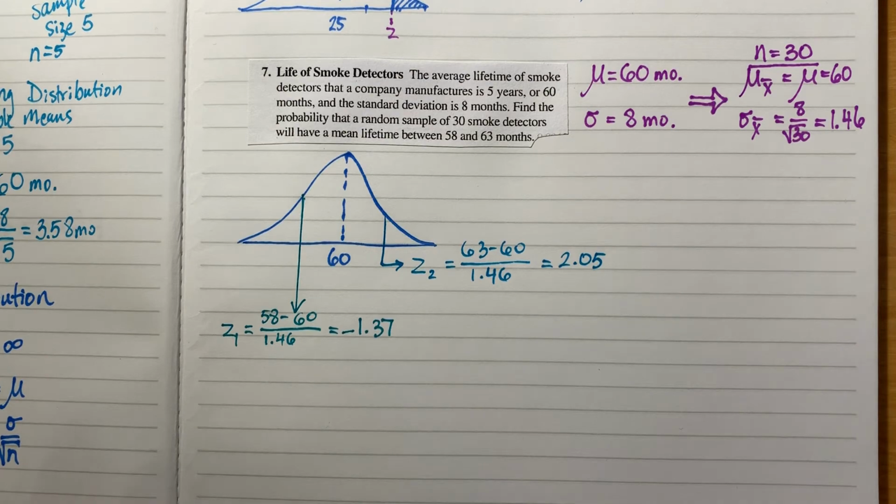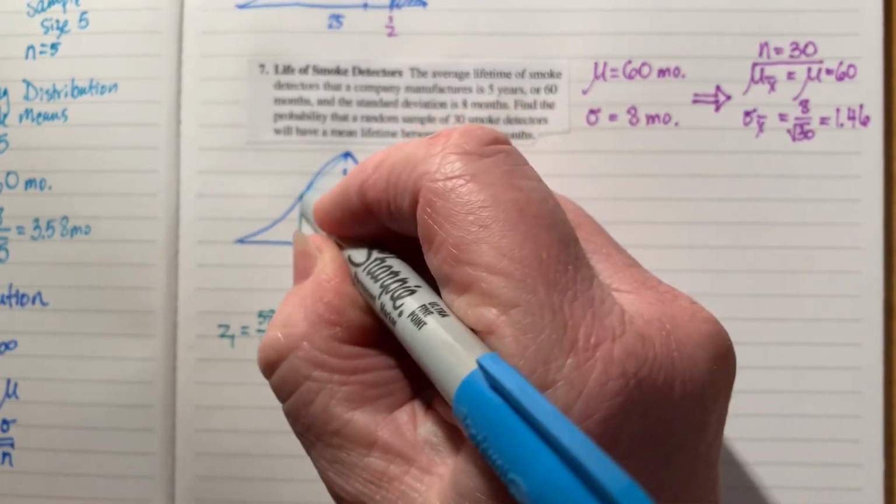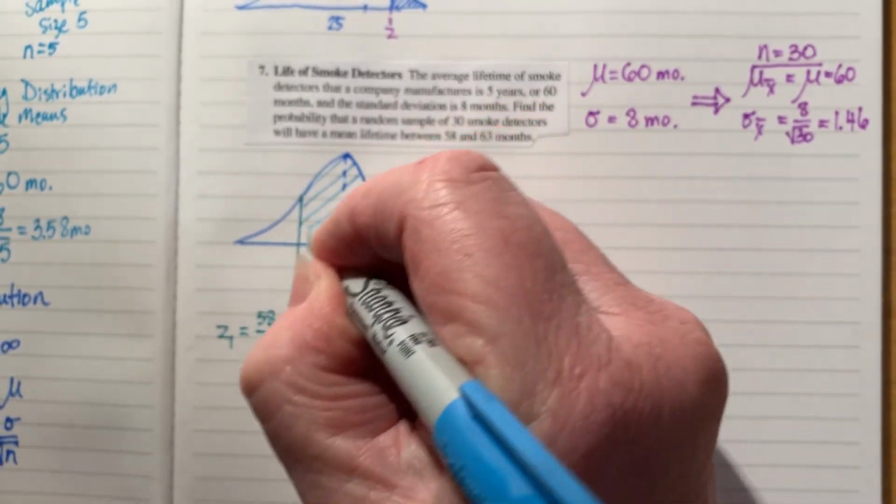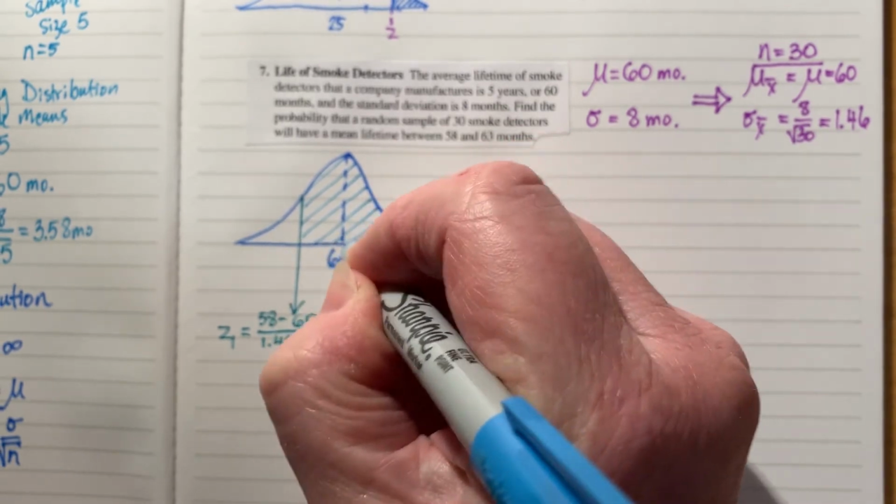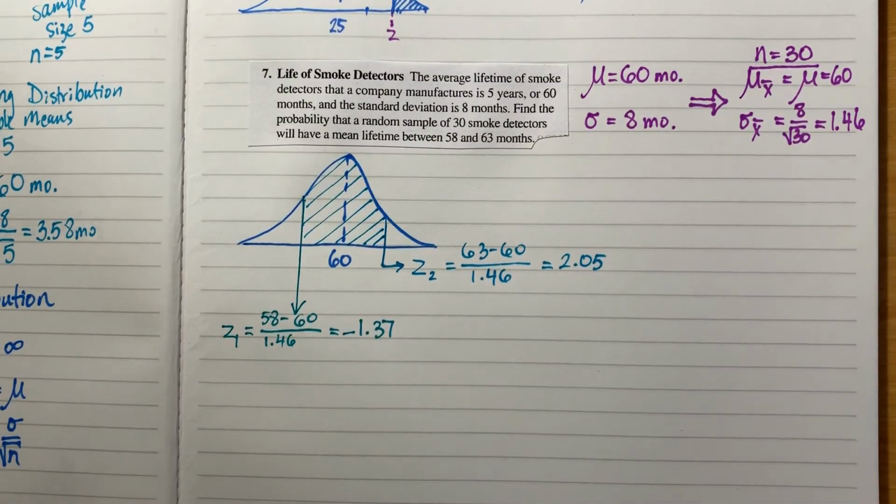And I'm interested to be in between those two z-scores. This is the area of interest. Now remember, your z-chart only gives you the left side of your z-scores, right?